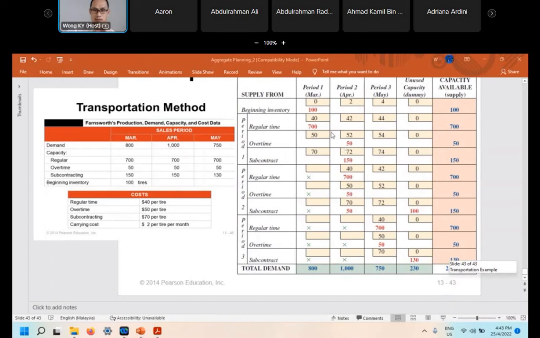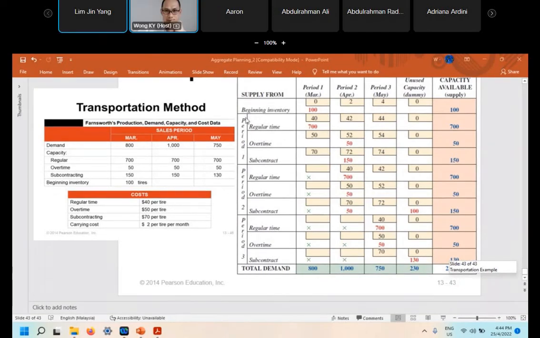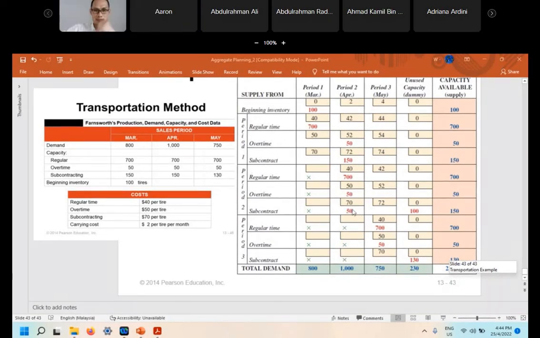But if we calculate the total cost separately for each period, then it will be different. So if you put 150 here, then the total cost for period 2 will increase. Okay, is that answering your question? Okay, thank you, Doctor.